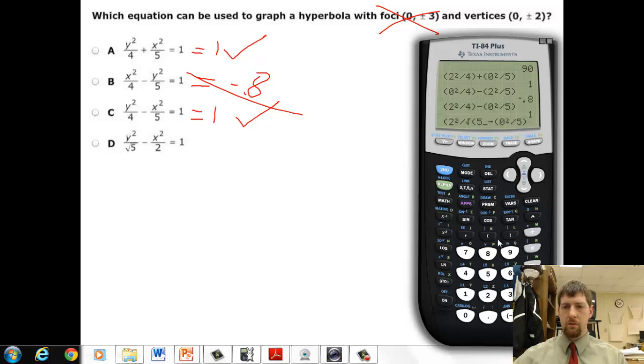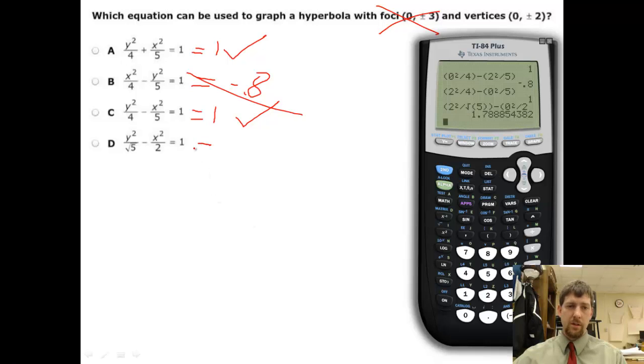Close my square root, close my fraction. Make sure you get enough parentheses in there. Over x squared, which was 0. So 0 squared over 2. Right. And this one obviously is not right. It's 1.8 roughly. So that one's no good.